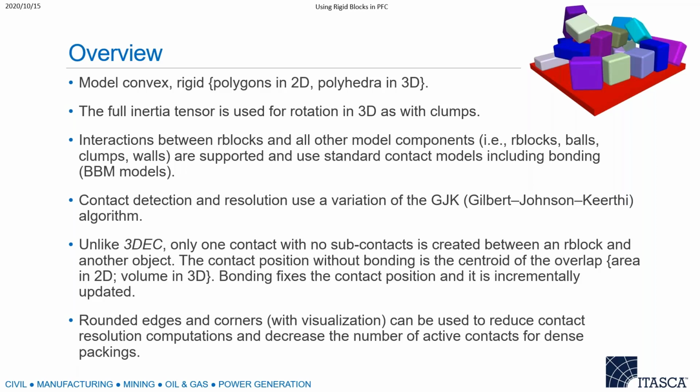It can be a face-face contact or with a vertex for rigid blocks, or it can be also a face-ball contact, for instance. We have the ability also to use a concept of rounding, which I will detail a little more later on, that can be used to improve the simulation time.